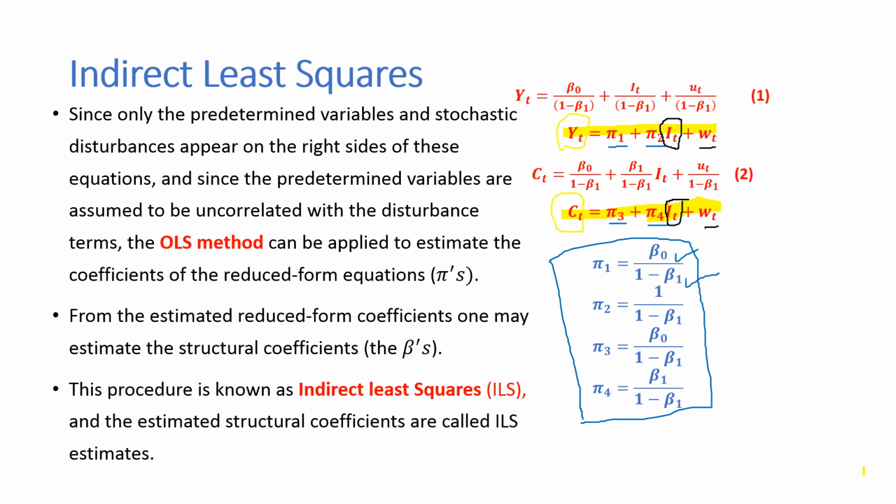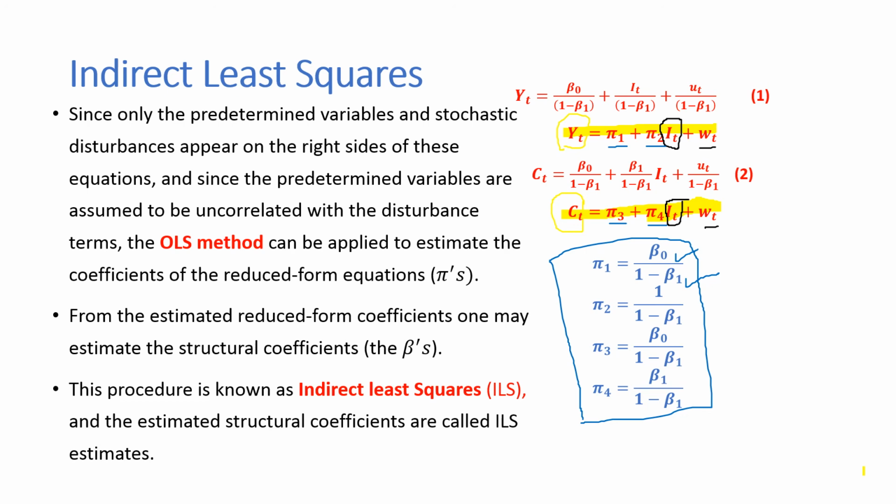So let me summarize the steps that should be followed in order to apply the indirect least squares. First of all, you have to transform the structural equations of the simultaneous equation model into reduced form equations, into equations where the endogenous variables are represented in terms of the exogenous variable only and the disturbances. And in this case, the assumptions of the OLS are satisfied.